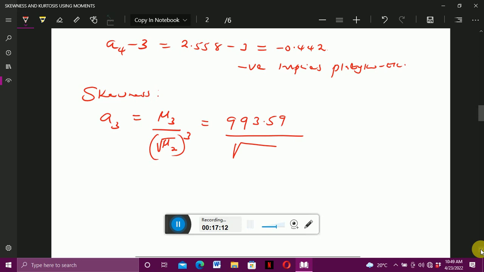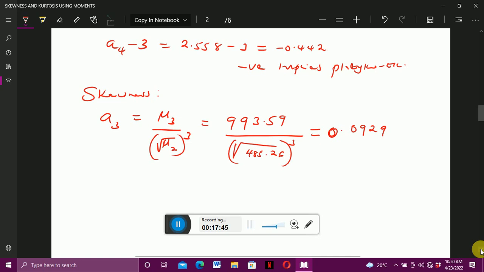Mu2 is 485.26, and that again is cubed. When you work out that, you should get 0.0929.